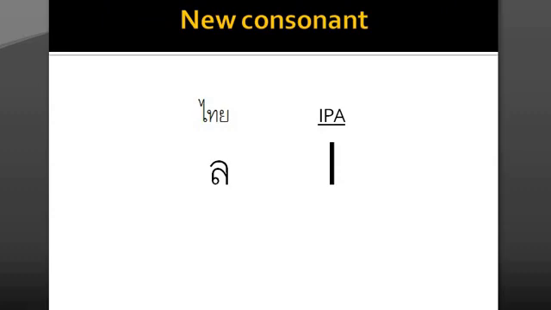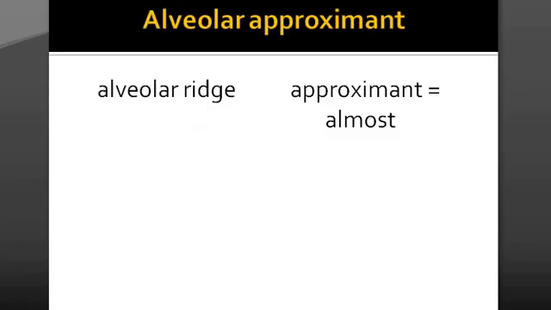So this is L, the L sound. And the IPA letter looks like the English letter L. So you already have this sound in Thai language. And that is good because it's actually hard to explain how to pronounce this one.